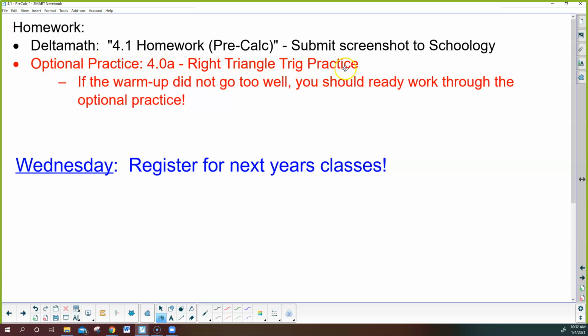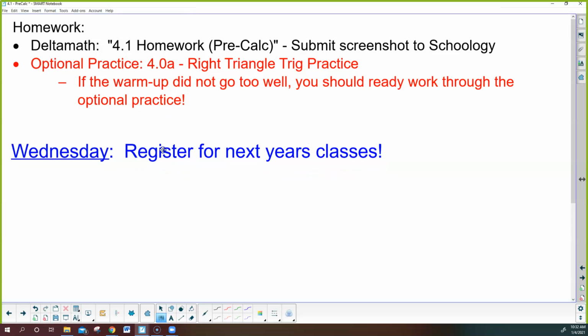It's called right triangle trig practice. If the warm-up didn't go well, or you're not confident in that, then you should really work through this optional practice. Remember, it is assumed that you know how to do this, and it will appear on test quizzes and a lot of things this year and next year. So if you need to do that practice, you should do that on your own.